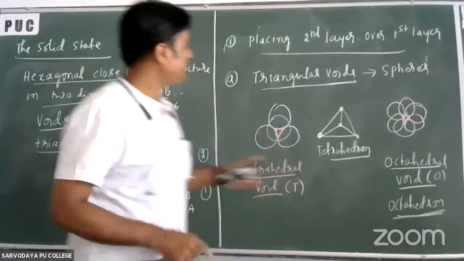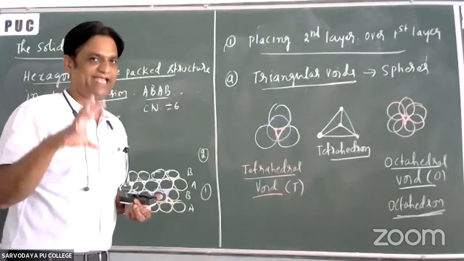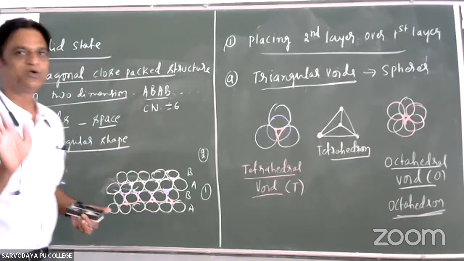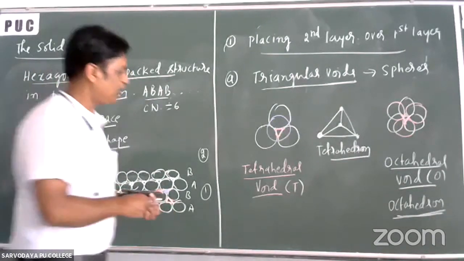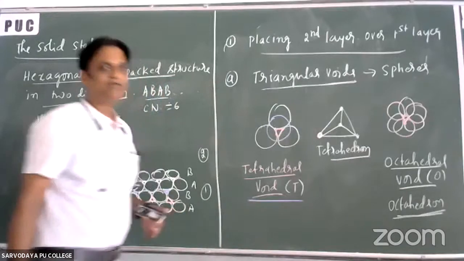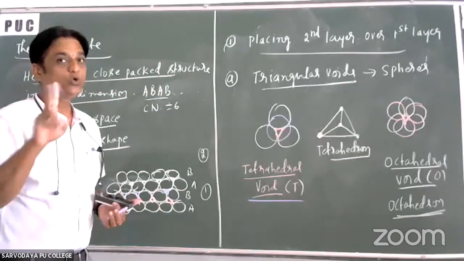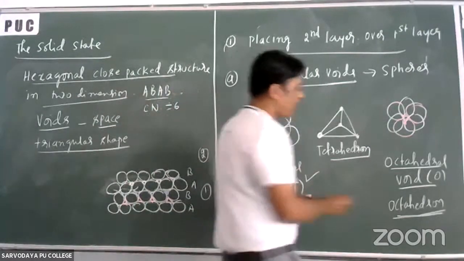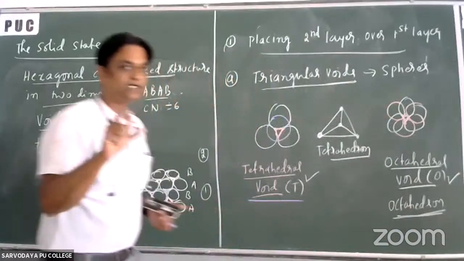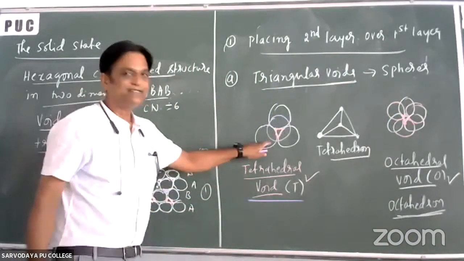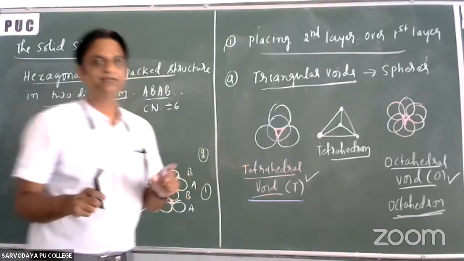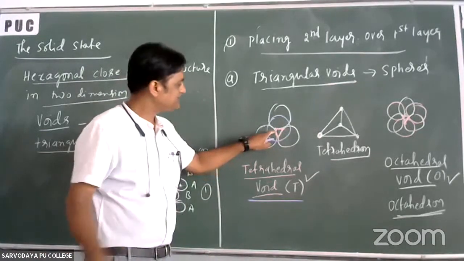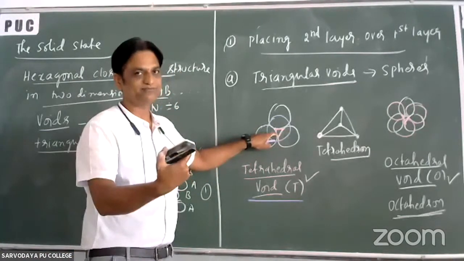Okay. So very important. When the second layer is placed over the first layer of a hexagonal close packed structure in 2 dimensions, how many voids are generated? Always we can expect the formation of 2 types of voids. One is the tetrahedral void and another is the octahedral void. So how is a tetrahedral void generated? A tetrahedral void is generated when the sphere of the second layer occupies the triangular void of the first layer.